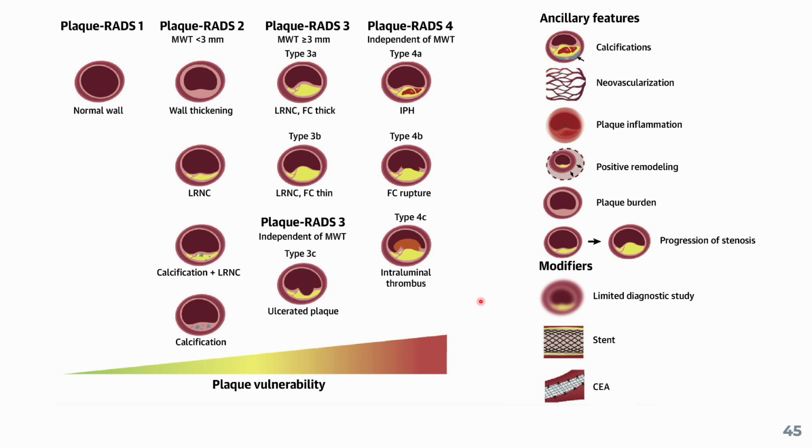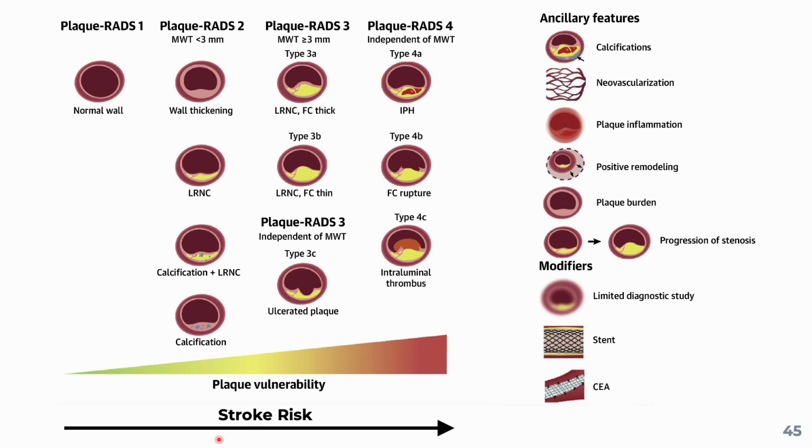And finally, the Plaque RADS score of 4 shows the high-risk plaque features of intraplaque hemorrhage, fibrous cap rupture, or intraluminal thrombus. I want to point out that the higher the Plaque RADS score, the more vulnerable the plaque, and clinically for the patient, the higher the risk of stroke.